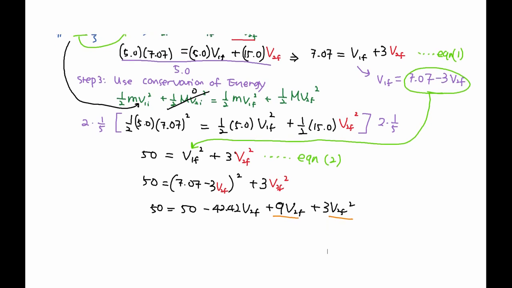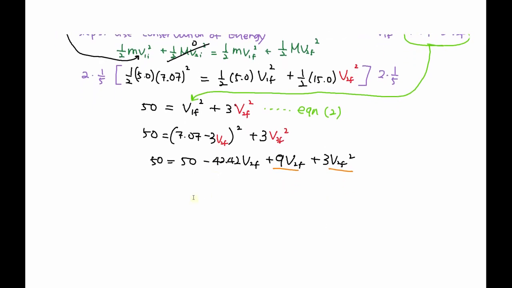You get 12 V2 final squared, and you can divide by the V2 final, and 42.42 divided by 12, you get 3.535 meter per second.